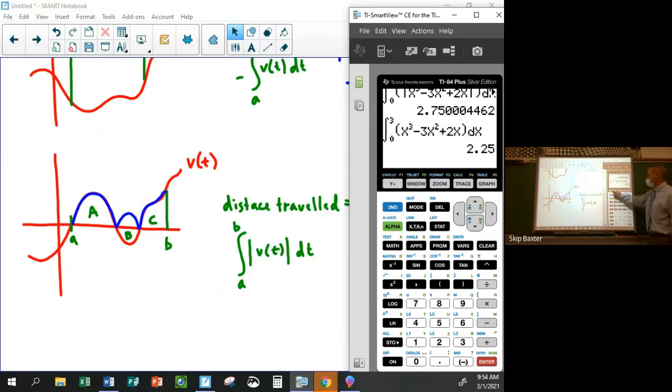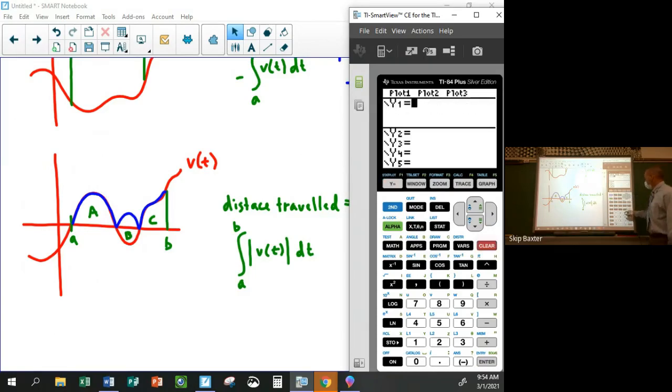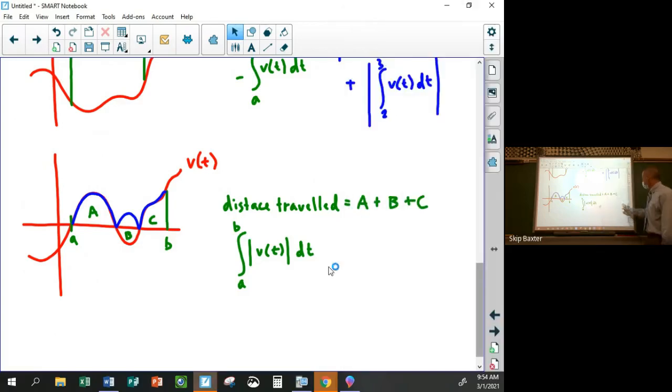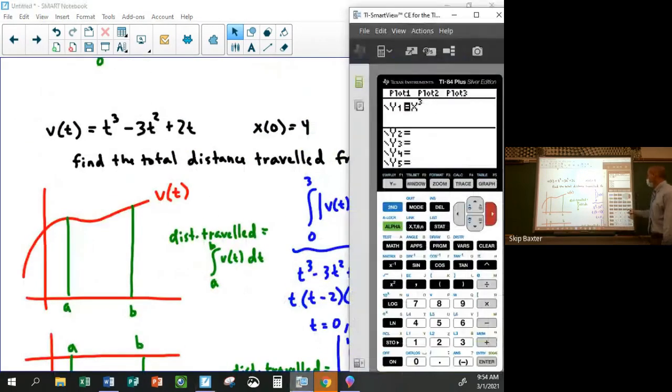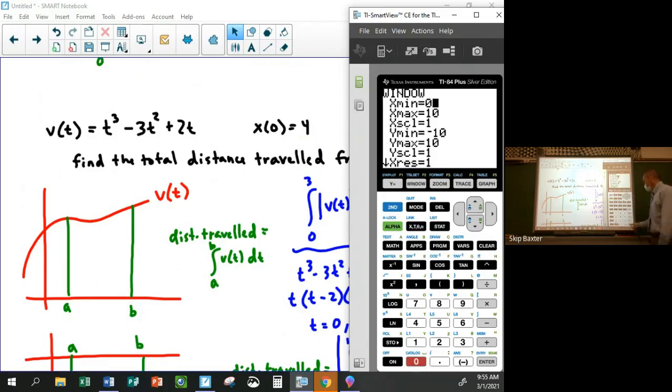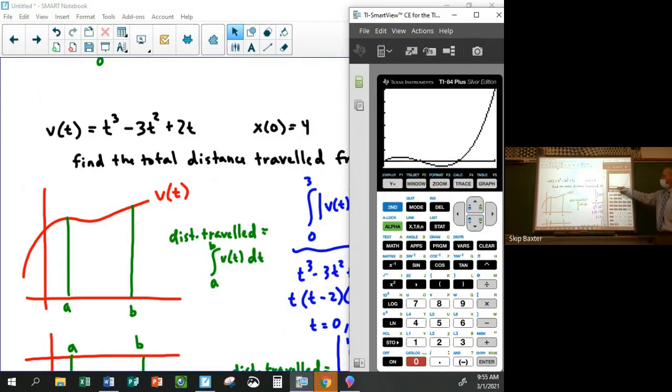And that's because if I graph the function, x cubed minus 3x squared plus 2x, and look at it between 0 and 3, changing the window and then zoom fit, you can see sometimes it's above, sometimes it's below.